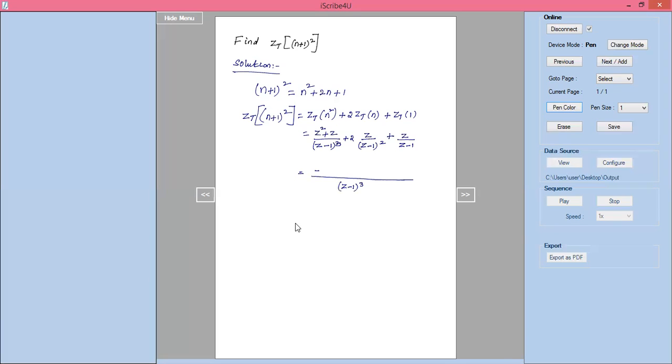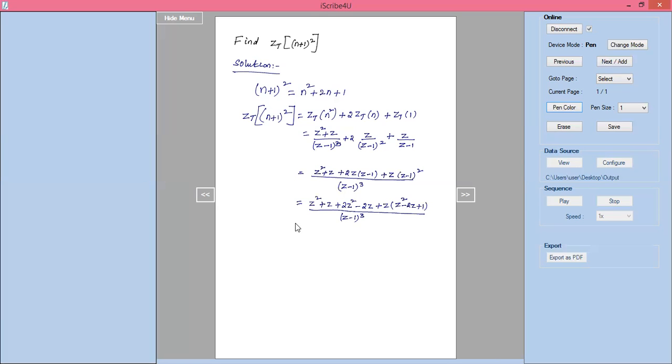So if you take this, it should be z square plus z plus 2 times z into (z minus 1) plus z into (z minus 1) whole square. If you simplify this, we'll get z square plus z plus 2z square minus 2z plus z into, I'm expanding this, z square minus 2z plus 1, divided by (z minus 1) whole cube.